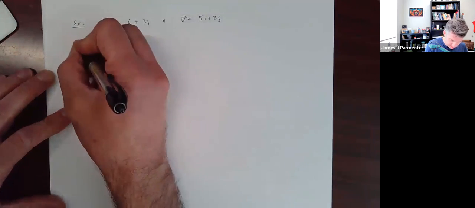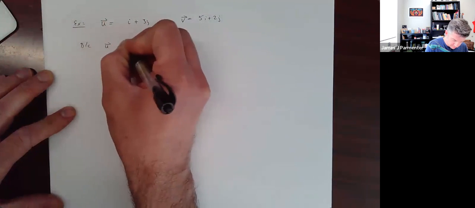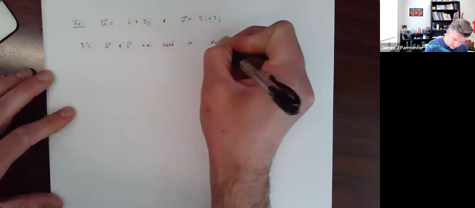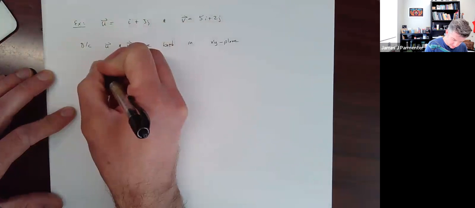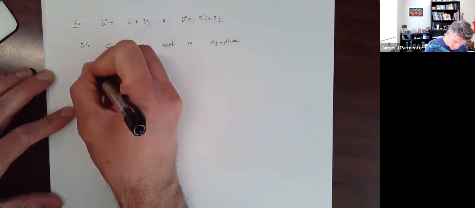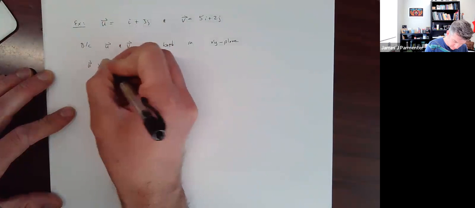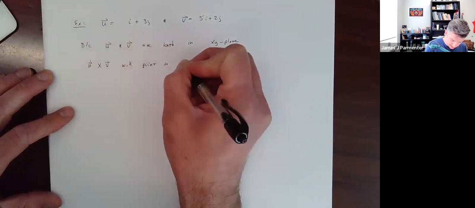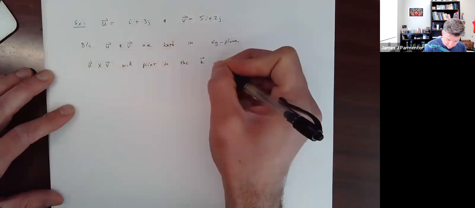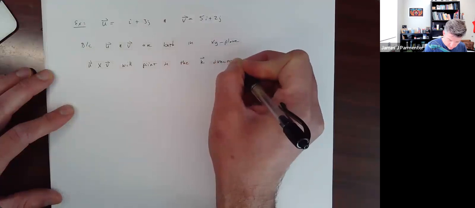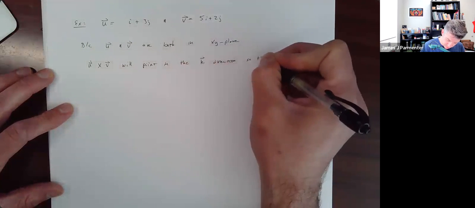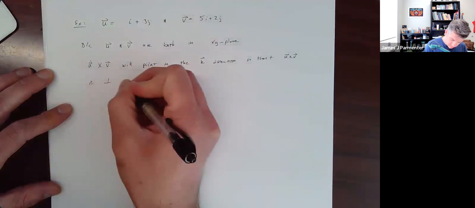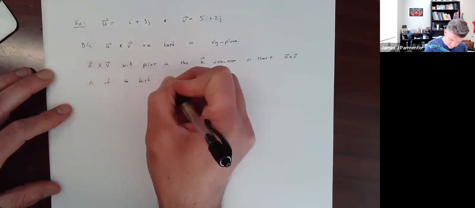Because u and v are both in the xy plane, their cross product, u cross v, will point in the k direction, or maybe the negative k direction, so that it's perpendicular to both u and v.